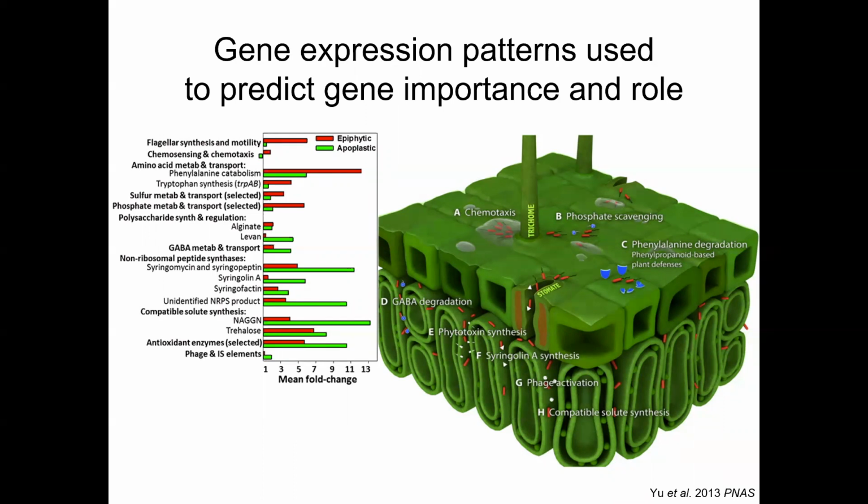So for example, flagellar synthesis and motility genes were relatively highly expressed on the leaf surface compared to genes such as those involved in compatible solute synthesis, which were generally highly expressed in the apoplast, but also relatively highly expressed on the surface as well.